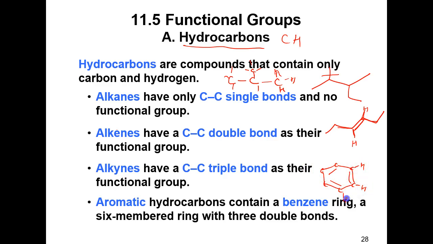Remember, carbon has to have 4 bonds. So this carbon right here has a double bond here for 2, and then a bond here for 3, and then 1 hydrogen. So that is a benzene ring. You can also draw the double bonds at the other places. It's what's called resonance. You might have seen, in other books, a biology book, a circle in the middle. That's the same thing as this. We'll talk more about that when we get to the benzene parts of the book.